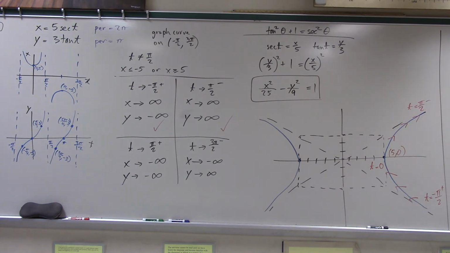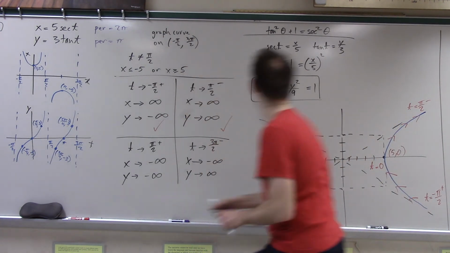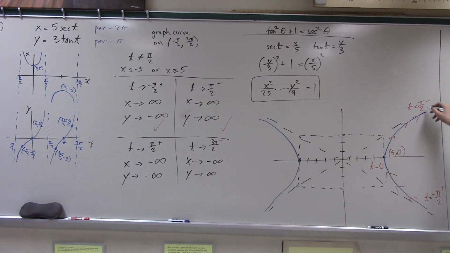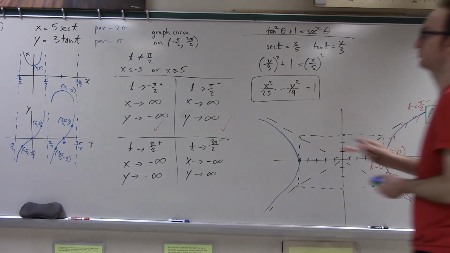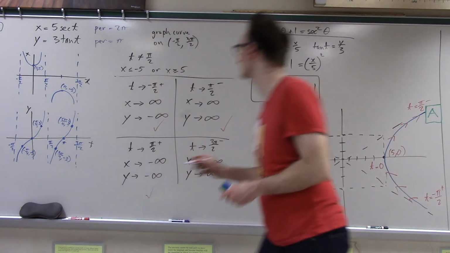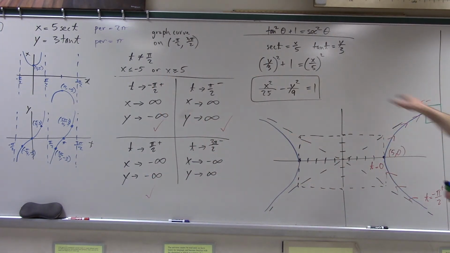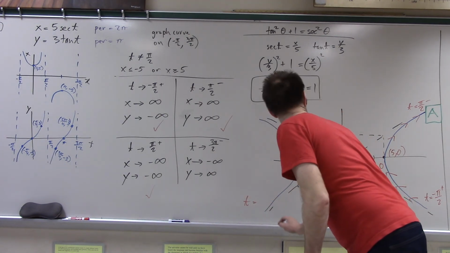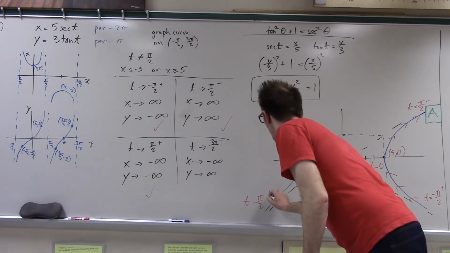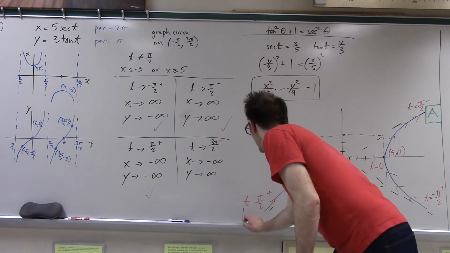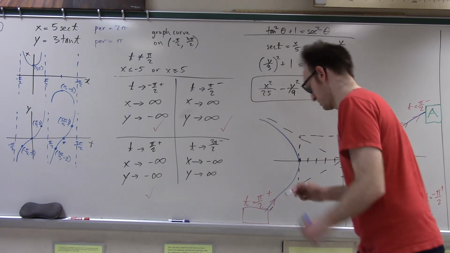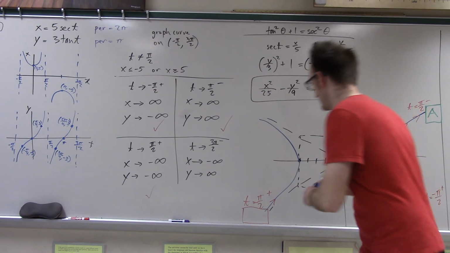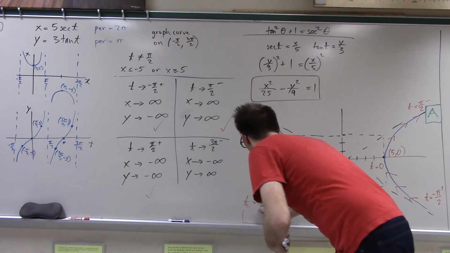And basically what happens there is teleportation. We teleport to the pi over 2 plus location, which is negative infinity, so that's down here. So we get t equals pi over 2 plus, and I'll draw in the teleporter in green for color coding purposes.